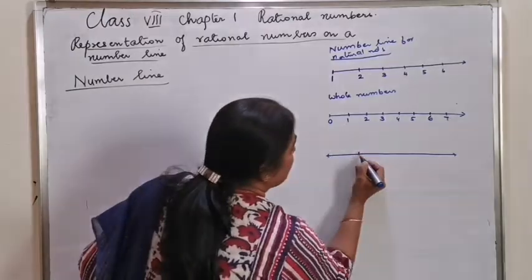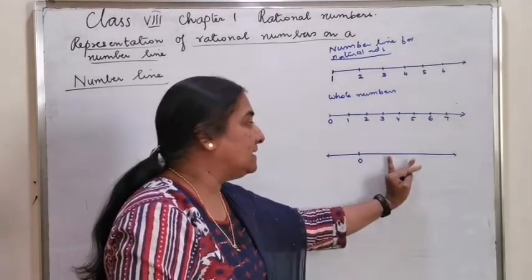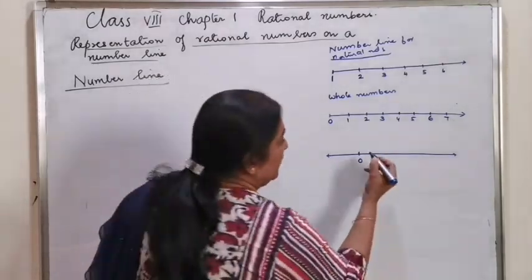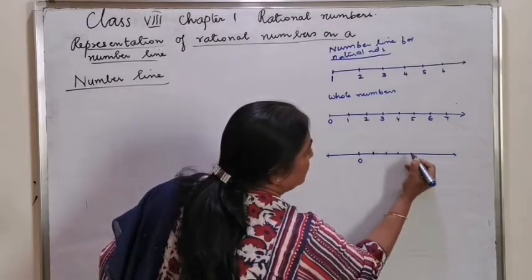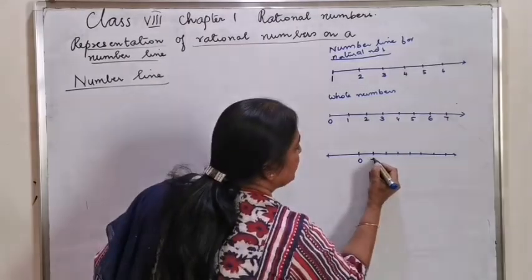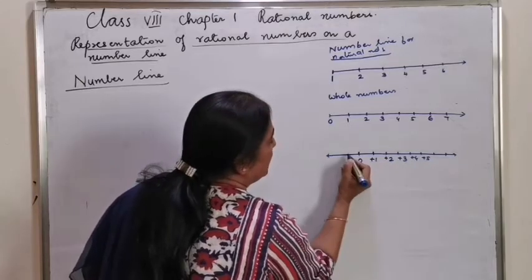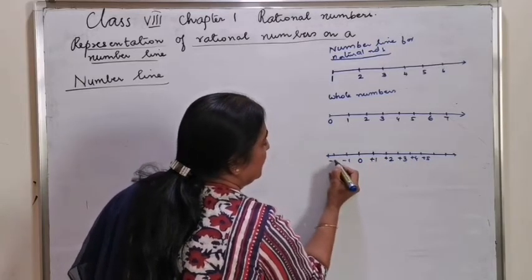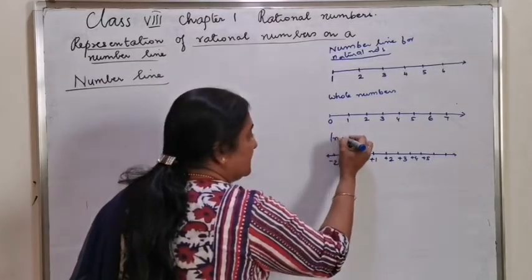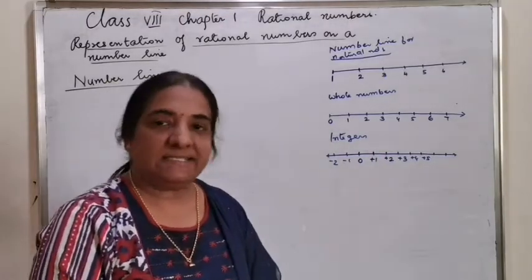Any one point you will take as 0. It need not necessarily be in the middle, because a line cannot be measured. At equal distances, you will take points. Towards the right side, you will plot the positive numbers, and towards the left side, you will plot the negative numbers. Thus, this number line will represent the set of integers.